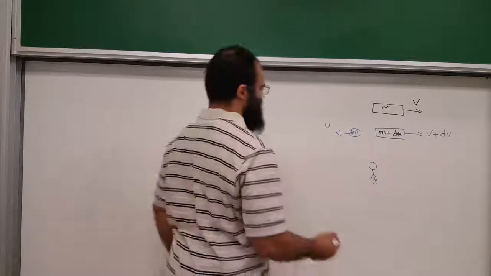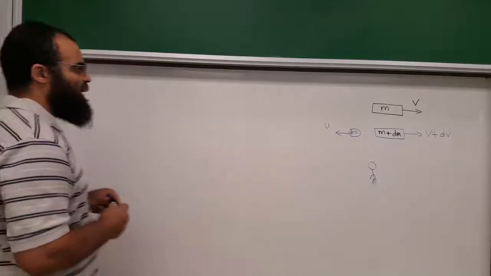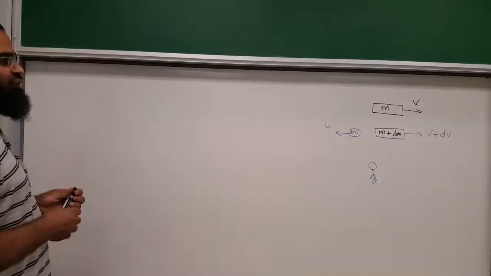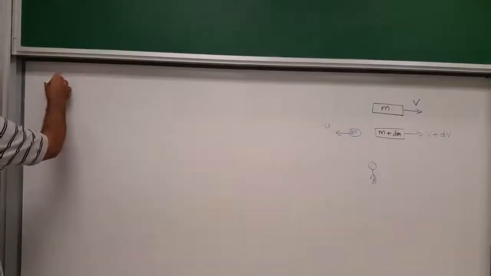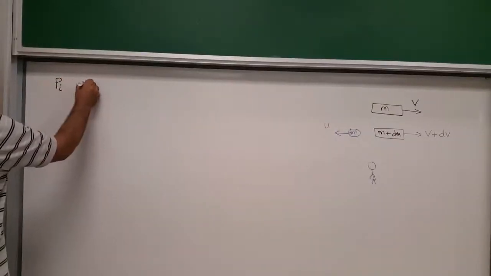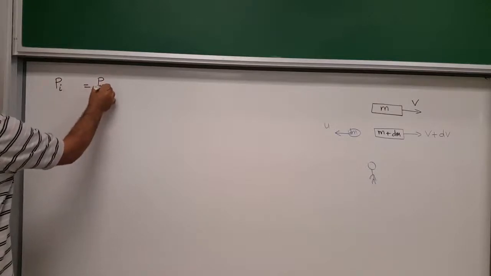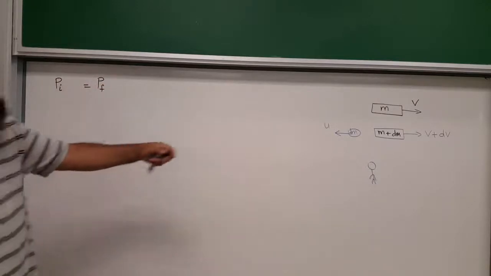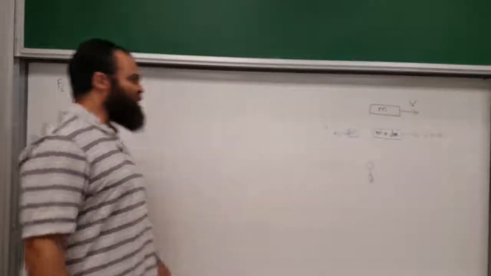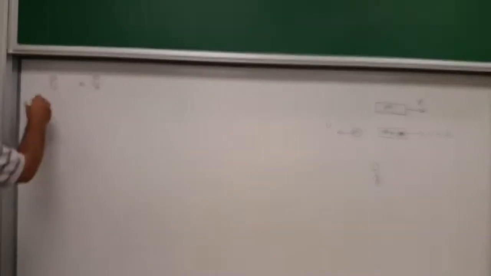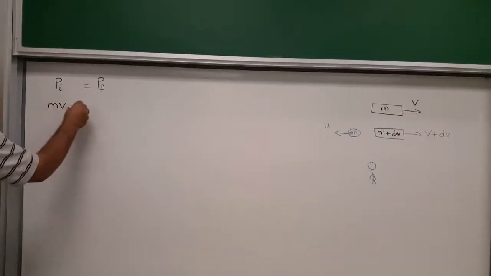So we would like to use conservation of momentum. So we would say the momentum at the beginning should equal the momentum at the end. Beginning meaning at this instant, and then the momentum a little bit later. The momentum at the beginning is just mv, mass times velocity.